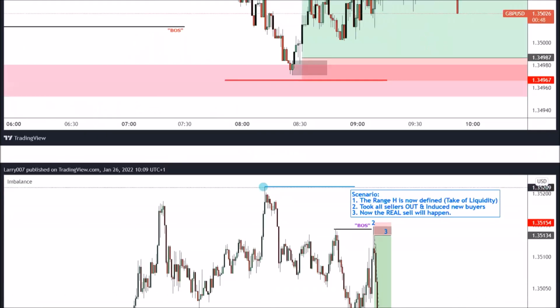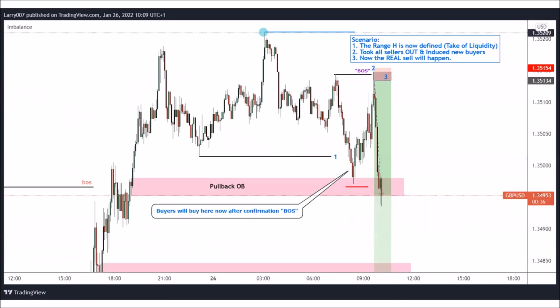Next, now that we have created the break of structure, kind of, that's why it's written like this. People now will want to buy. Why? Because we have an order block. Most people will see this order block.